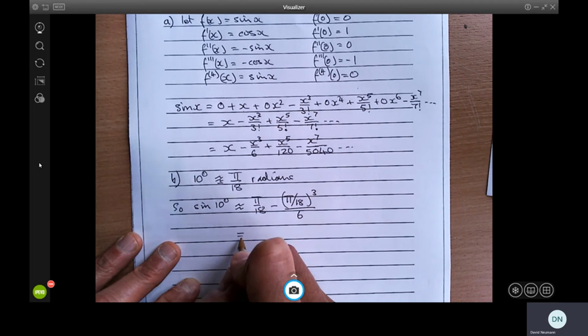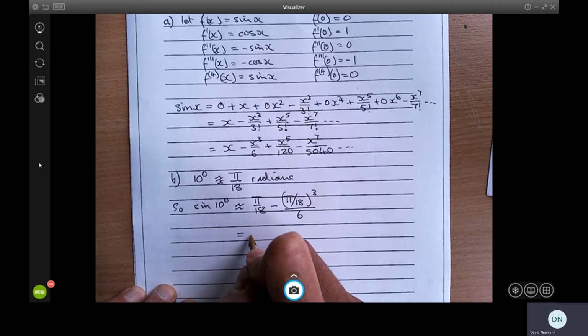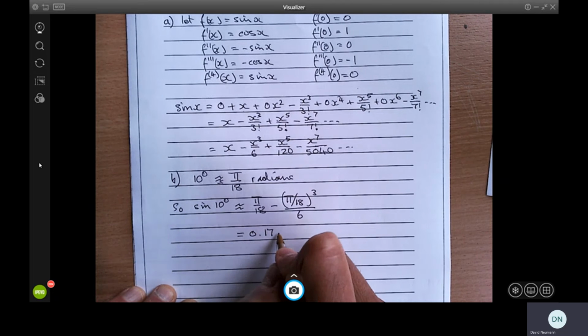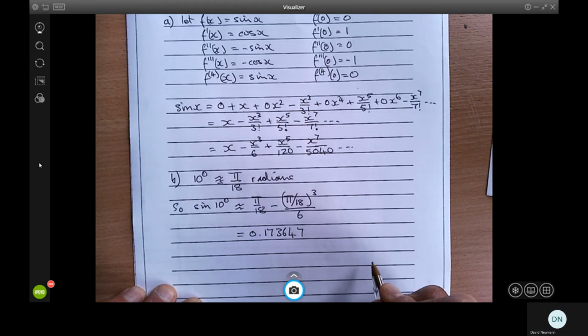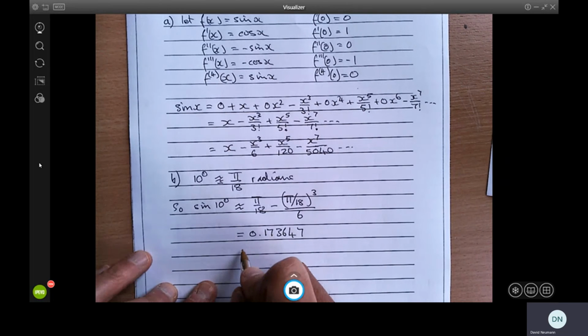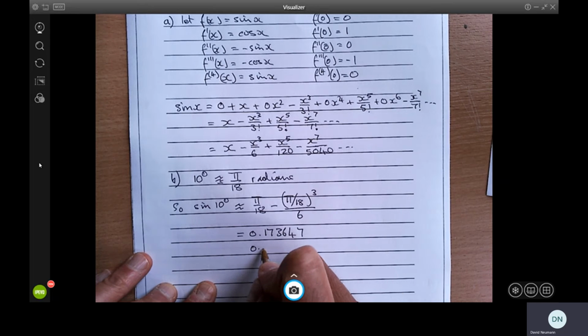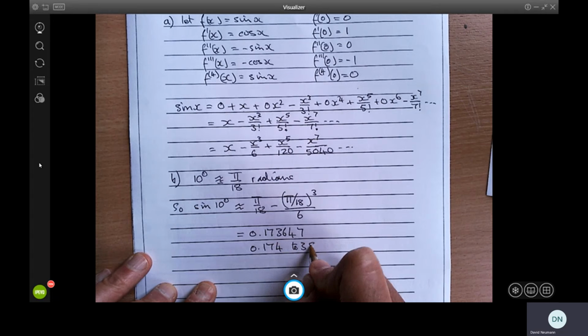We're going to put that into our calculator and we get 0.173647. So we should give that to a sensible level of accuracy. I'm going to say that's 0.174 to 3 significant figures.